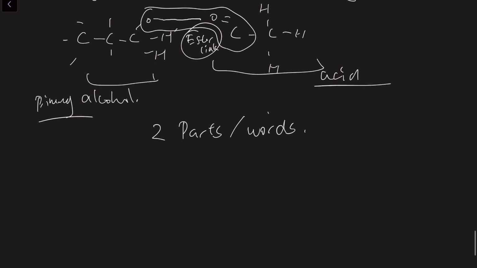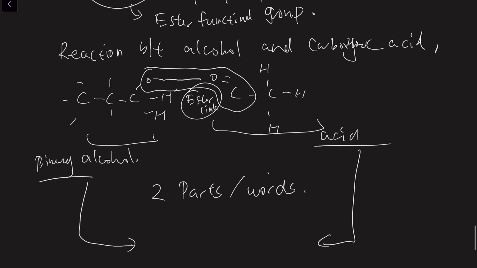The first part is given by the alcohol. The second part is given by the acid. So when we look at the alcohol, it looks very similar to the alkyl group.